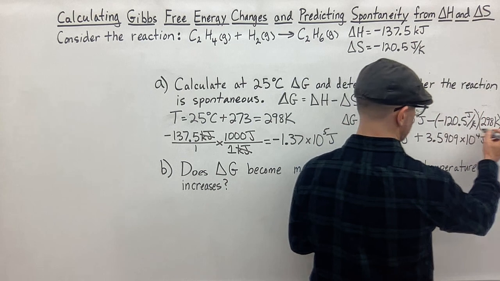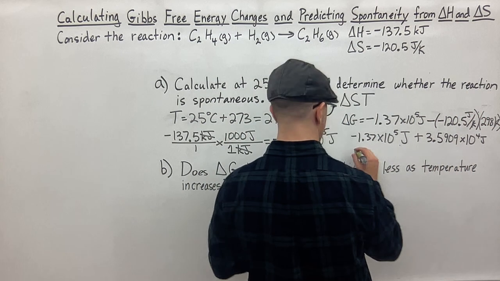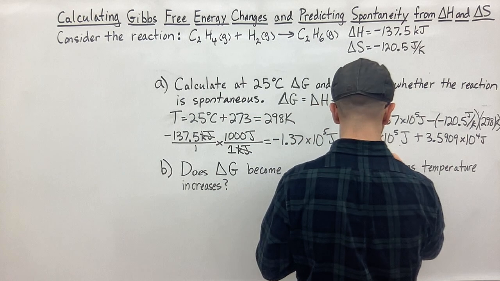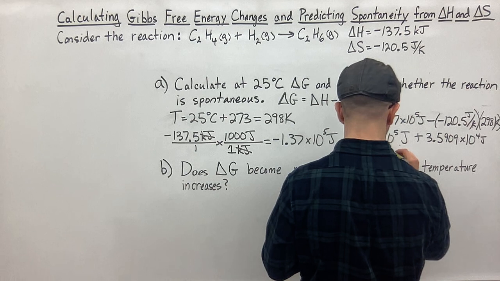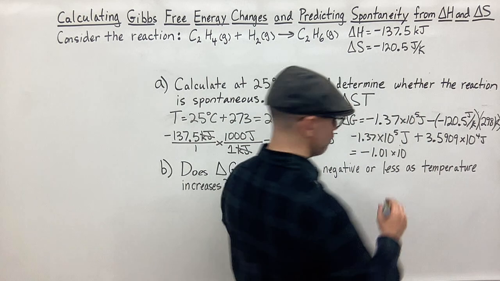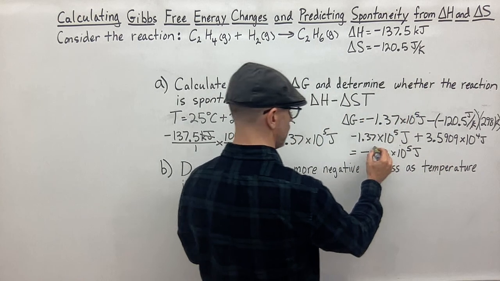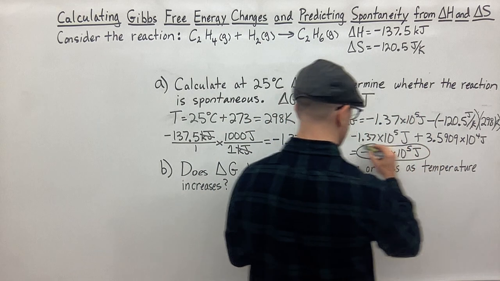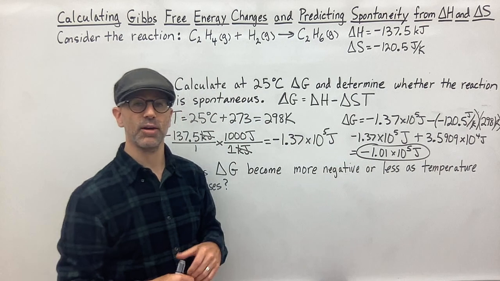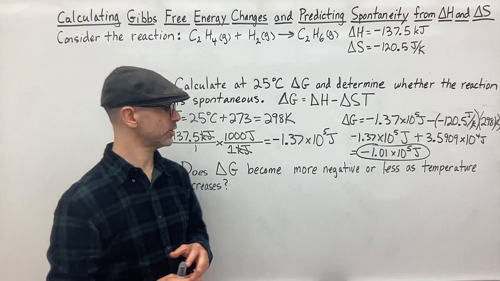So here the Kelvins canceled out. So now we have joules. We add these together and we get a negative 1.01 times 10 to the 5th joules. So this, ladies and gentlemen, is our delta G. It's negative, so that tells us that we have a spontaneous reaction at this temperature, 25 degrees Celsius.